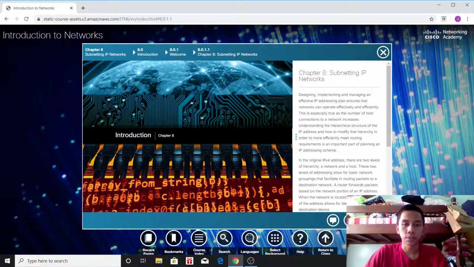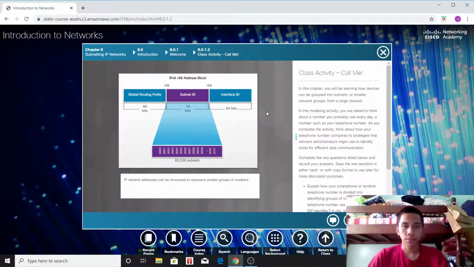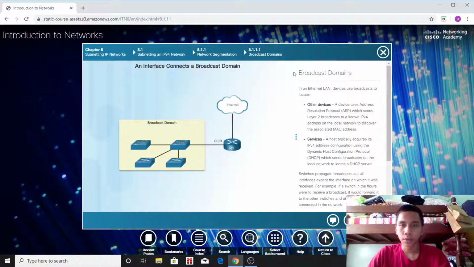Introduction. Subnet IDs or IP network addresses can be structured to represent smaller groups. Broadcast domain: other devices use address resolution protocol, or ARP, which sends layer 2 broadcasts to known IPv4 addresses on the local network to discover the associated MAC address.